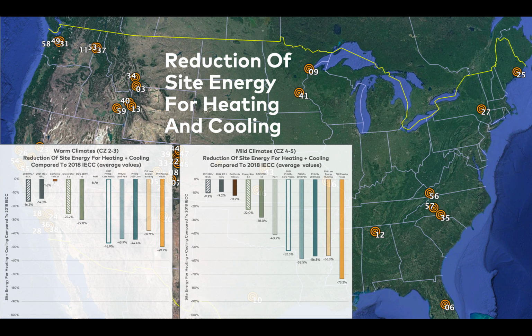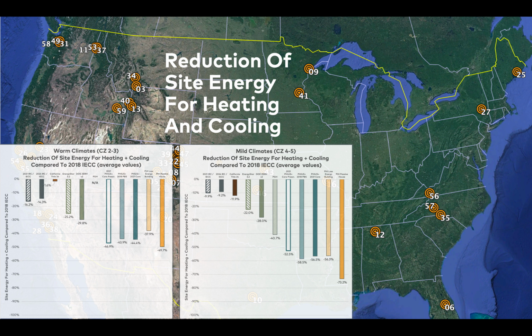Coming to mild climate zones, the spread goes between 9% reduction for the 2024 IECC, which is the one that performs less well, all the way to 73% for PHI Passive House, with the other passive standards around 50 to 60%.